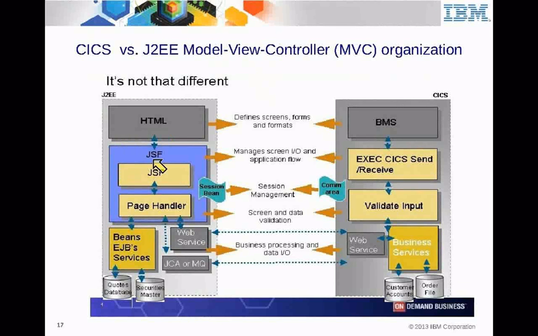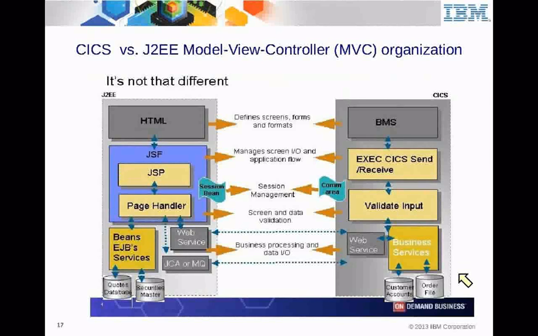You have static screen information, you've got the business logic, and you've got data, separated from one another. Once I understood the concept of MVC, I said, oh, CICS has been doing that for decades. The BMS is the static content on the screen.